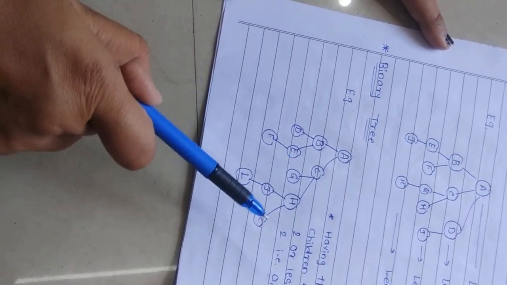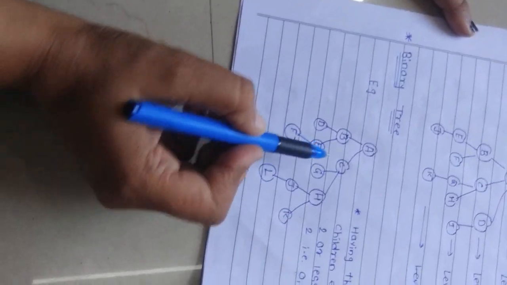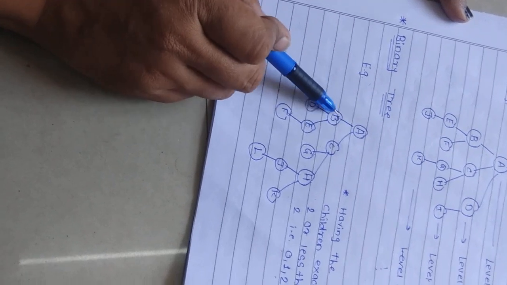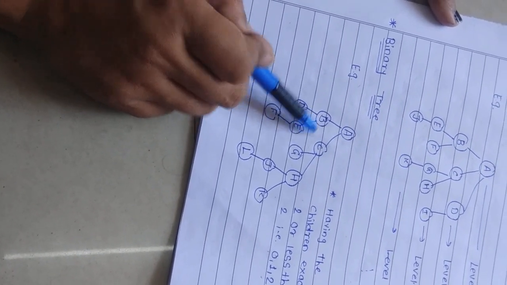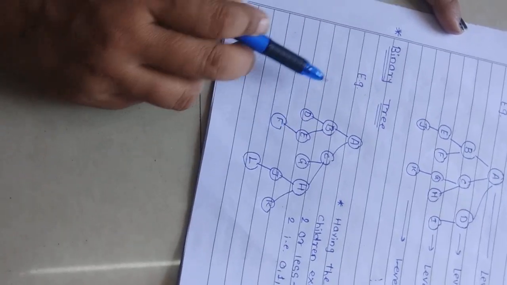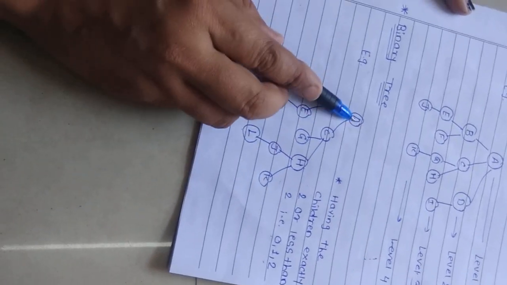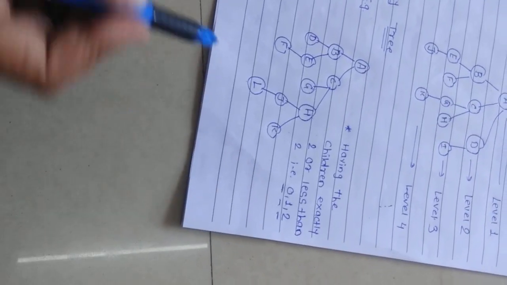It means that in a binary tree, every node has a maximum of 2 children and a minimum of 0 children. Means in a binary tree, every node has 0, 1 or 2 children, not more than 2.